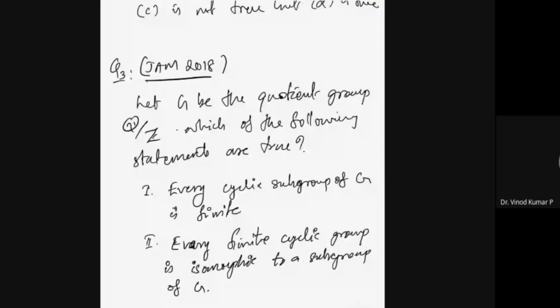And the second statement is that every finite cyclic group is isomorphic to a subgroup of G. Does anybody have any comments or any idea?